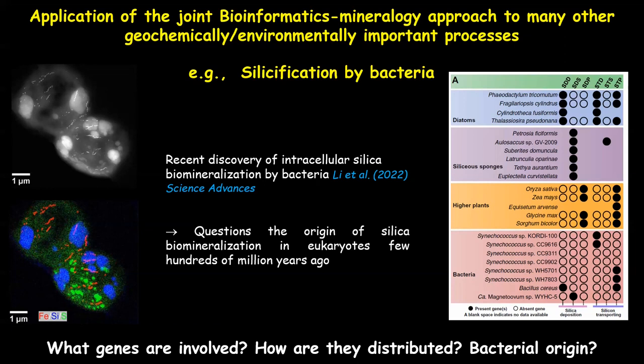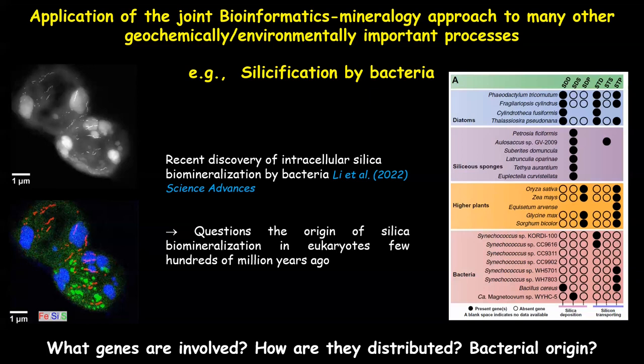So far, we have thought that silica biomineralization appeared mostly with some algae. You may know of diatoms, or sponges, which are not algae, but okay, in these organisms. And we thought that it appeared like 500 million years ago. And when it happened, we think that there was a dramatic decrease of the silica concentration in the ocean, which completely changed the chemical composition of the oceans.